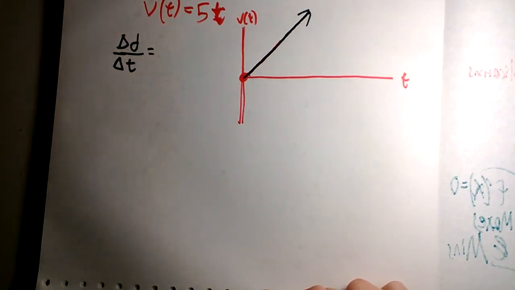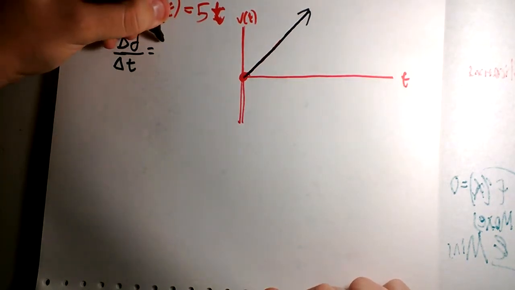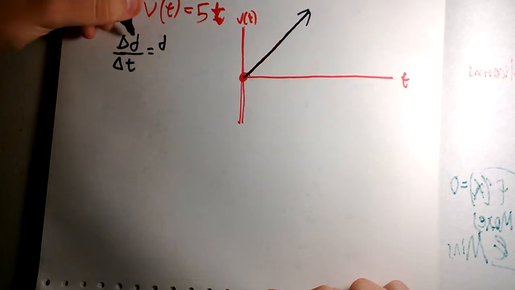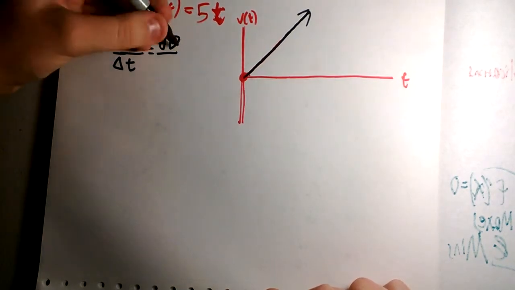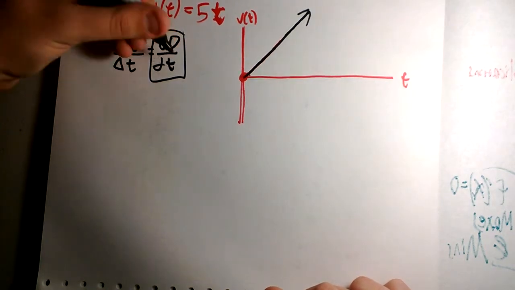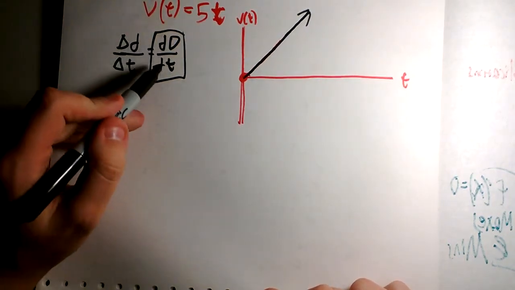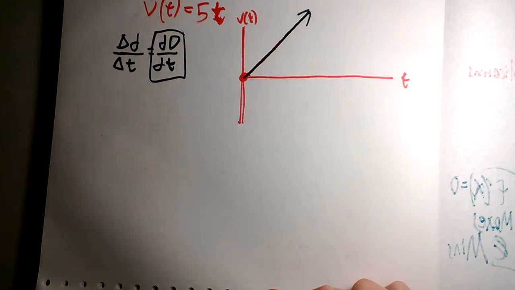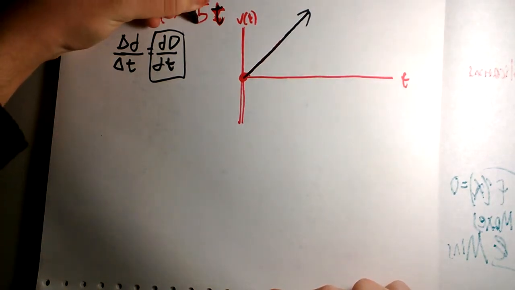If we have an equation for it, we can find the exact distance over time. Let's call it capital D now for distance, dD/dt. So it's the derivative of a distance equation with respect to time. So that is what this equation is, 5t.